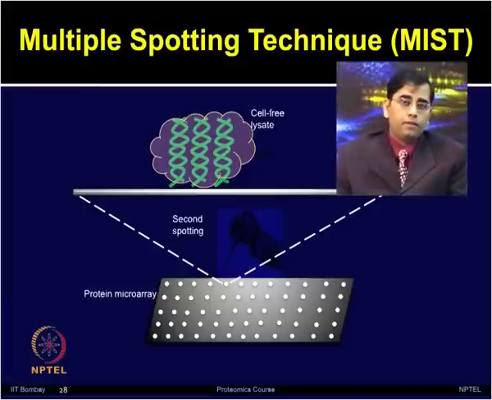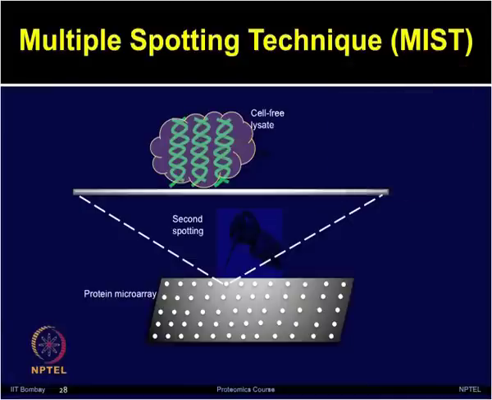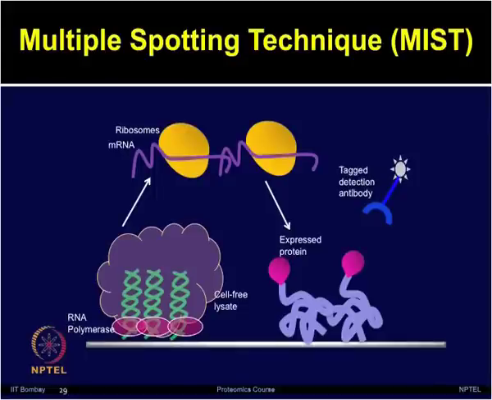After the first spotting, the second spotting is performed, where cell-free expression mixture is transferred directly on top of the first spot. So, in this way, where 2 steps of printing are involved, on top of each DNA template, the cell-free expression system is also printed.